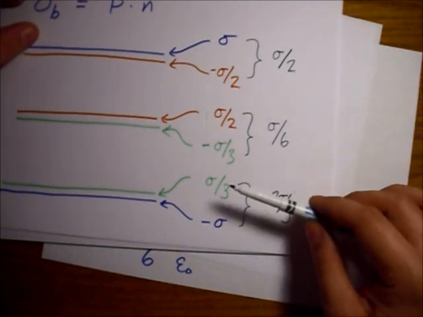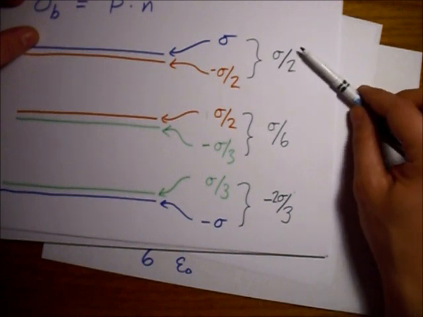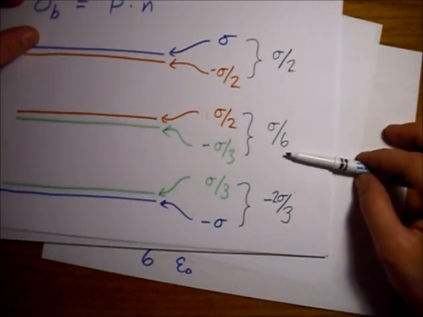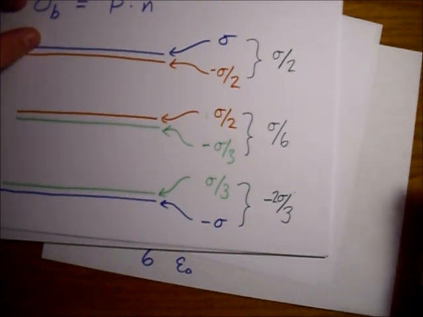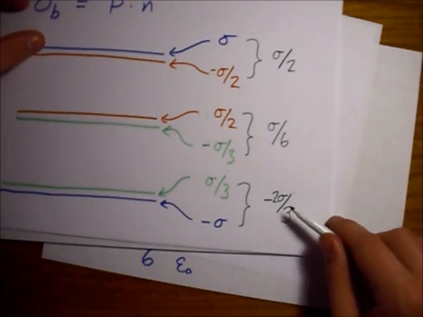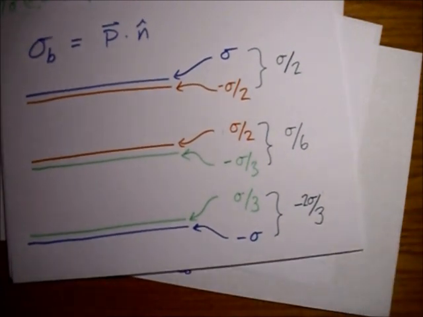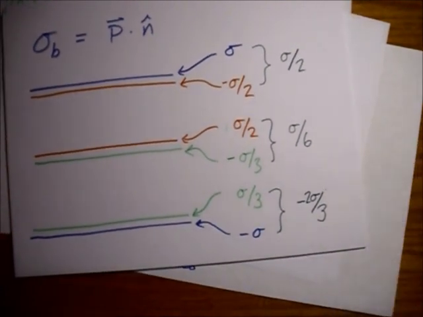So this would be 1/6 plus 3/6, so 4/6 positive, which is 2/3 sigma positive, and a minus 2/3 sigma, right? So the whole thing's neutral. That's good. Yeah, so I think, anyway.